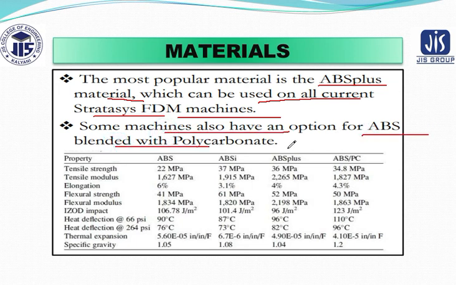You can see various materials mentioned here: ABS, ABSi, ABS plus, ABS or PC, that is polycarbonate. The chart provides tensile strength, tensile modulus, elongation, flexural strength, flexural modulus, Izod impact, heat deflection, thermal expansion, and specific gravity of all the materials. So you can have a look at this chart also.